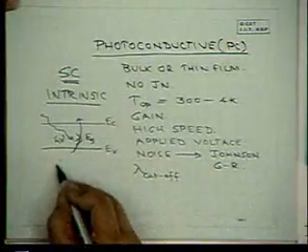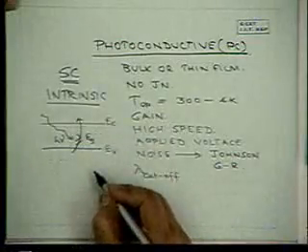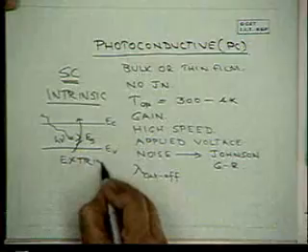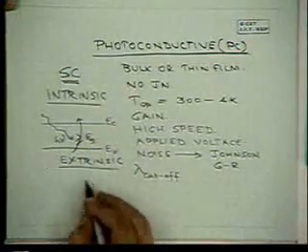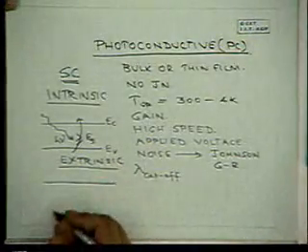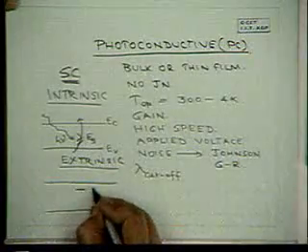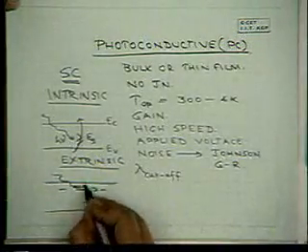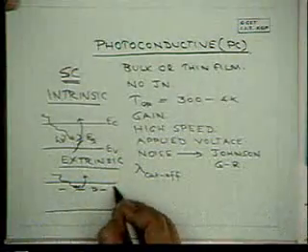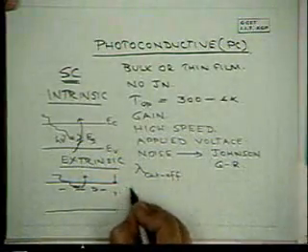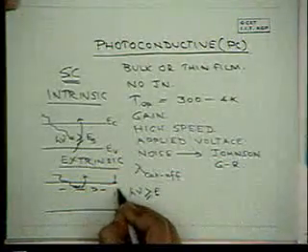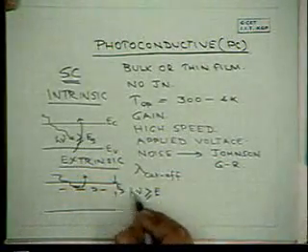On the other hand, if you want to go for very long wavelength detectors, then you can have extrinsic detectors in which, suppose you have donor levels here, then in this case h nu must be greater than or equal to Ed. Okay.